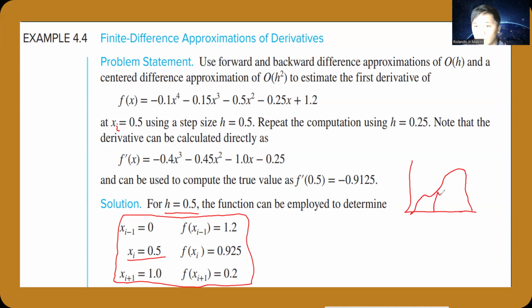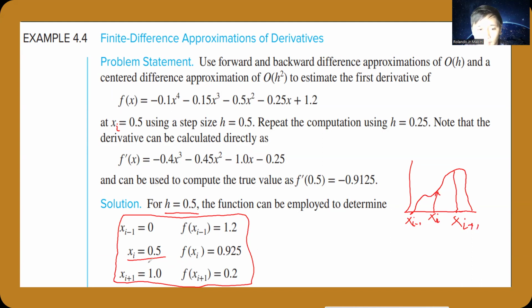If you can observe, this is x sub zero, which I discussed last time. This is x of i minus 1, and here in the trapezoidal rule, the labeling of the points on the x-axis is in terms of x of i, x of i minus 1, and x of i plus 1.